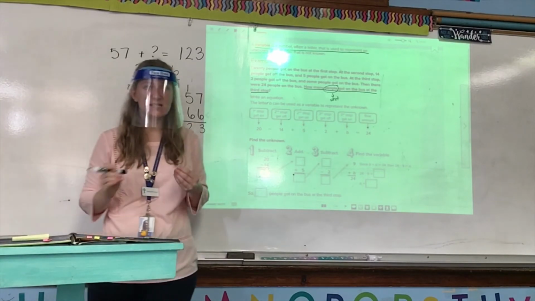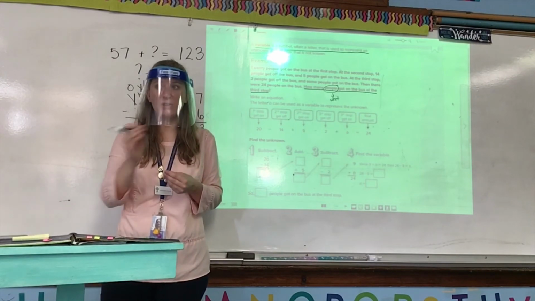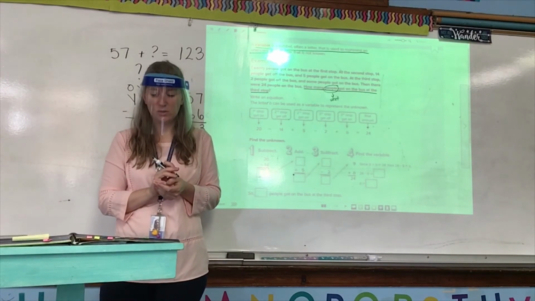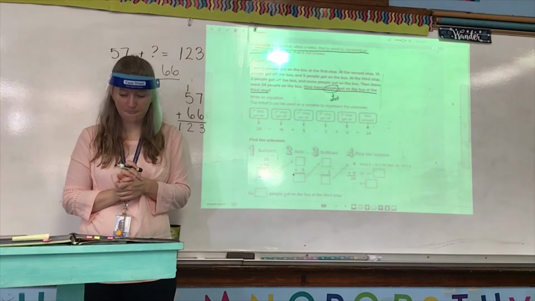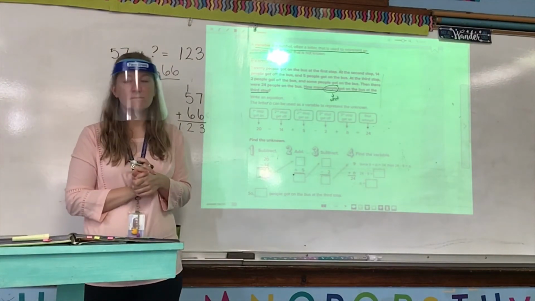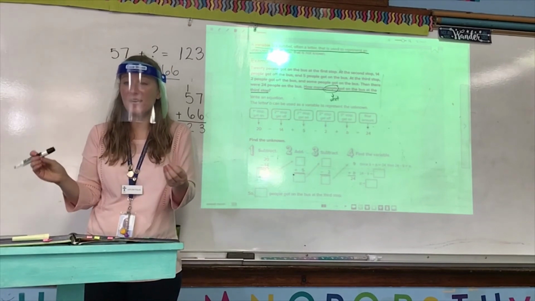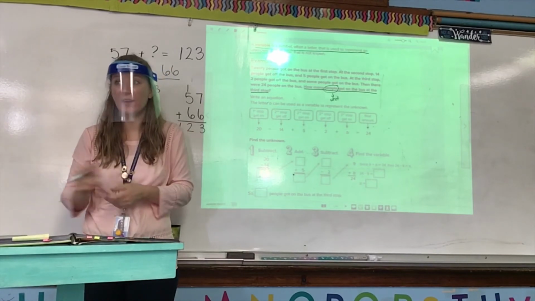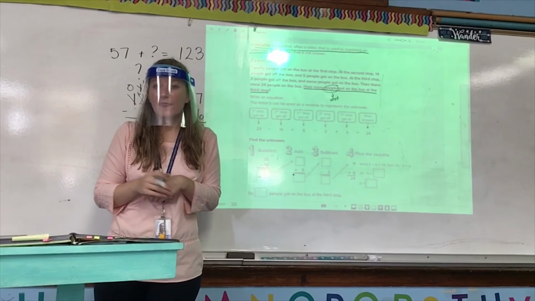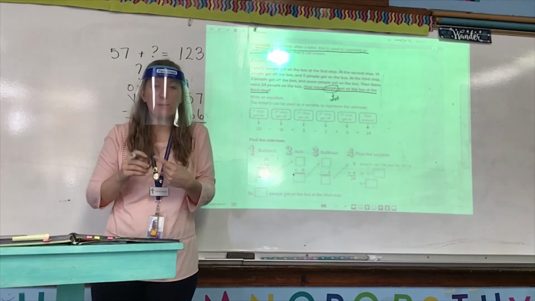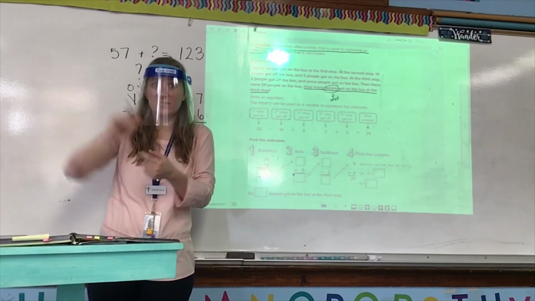If you have a bus and people get on the bus, what are you doing with that number? Adding. If you have a bus and you're trying to figure out how many people are on it, well, when they get on, that means more people. So is the number of people on the bus going up or going down?